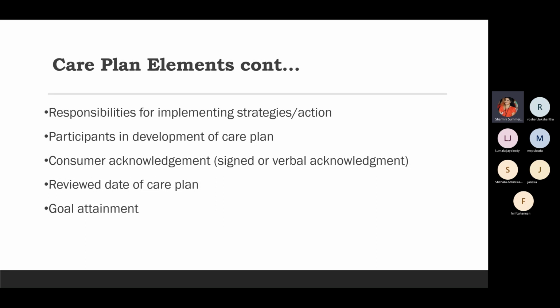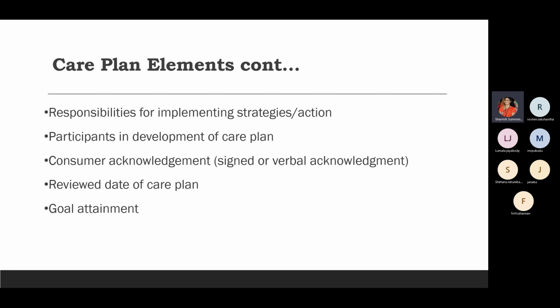And the reviewed date of care plan, yes, it will also be helpful to write the review date of the care plan. Review date of care plan means you are putting one date when writing the care plan. If there are any instances where you need to review whether it is okay or not, then you need to put the date of when you again reviewed your care plan.